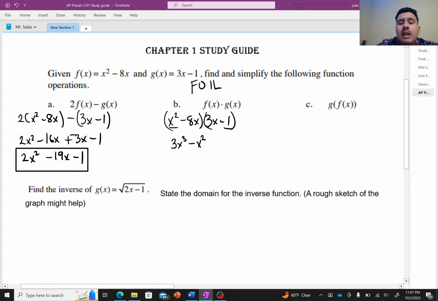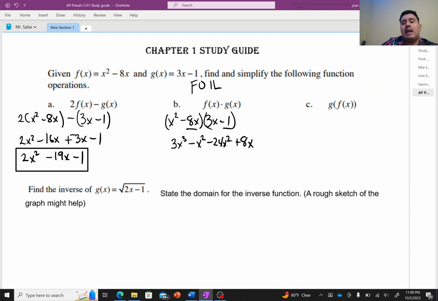The next term in FOIL is the inside terms. That means negative 8x times 3x, which gives me negative 24x squared. And then for the last terms, I multiply negative 8x times negative 1, which gives me positive 8x.